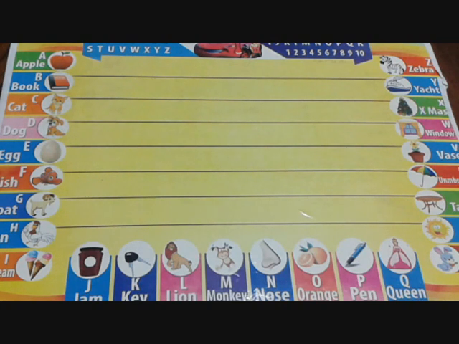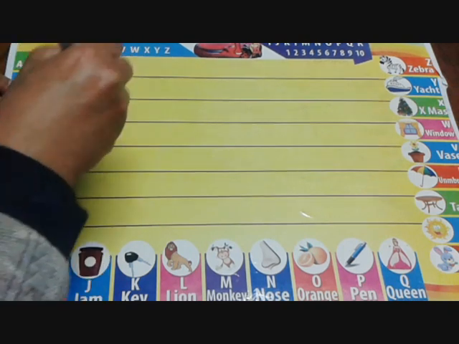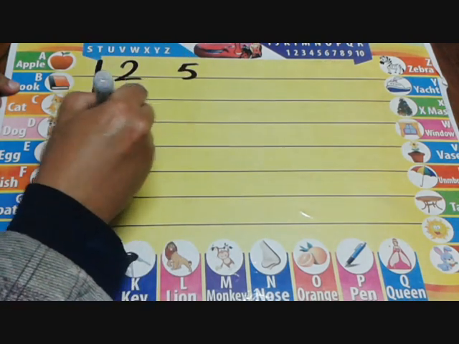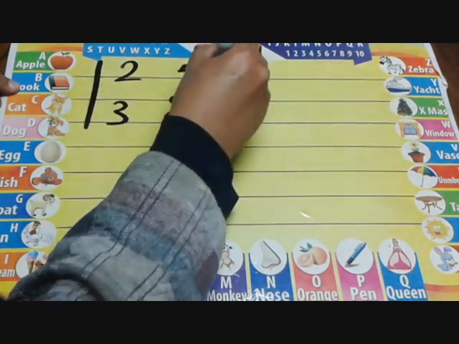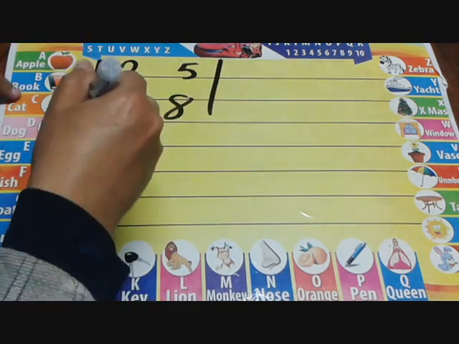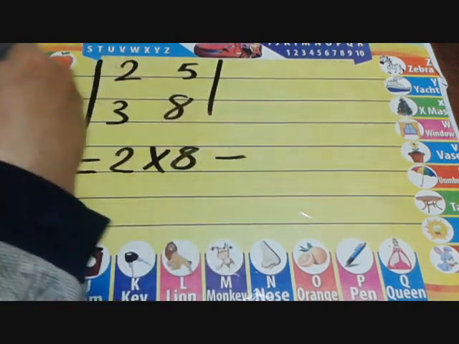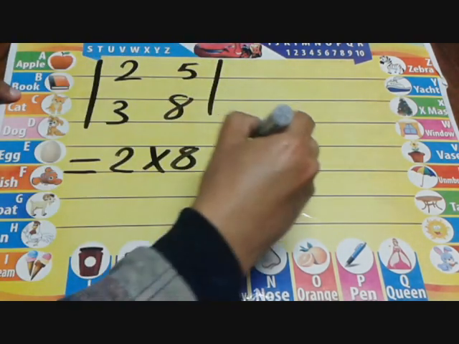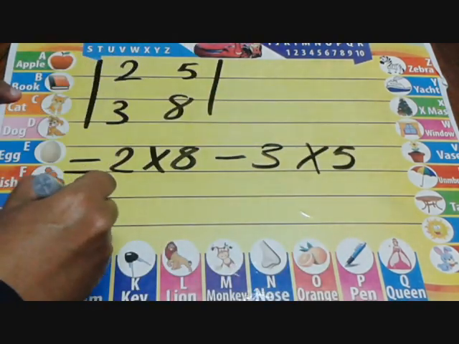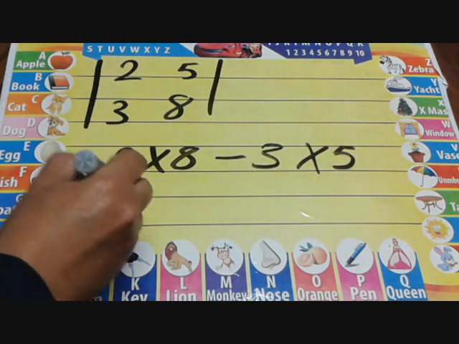Now, what is the value of this determinant? Determinant 2, 5, 3, 8 equals what? 2 times 8 minus 3 times 5. 2 times 8 equals what? 16.